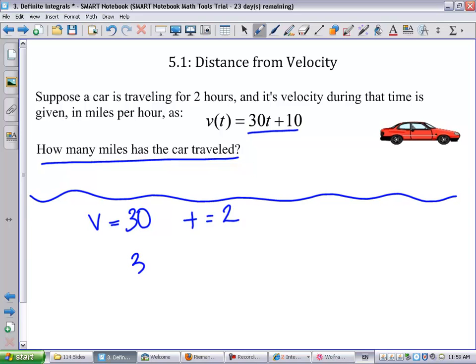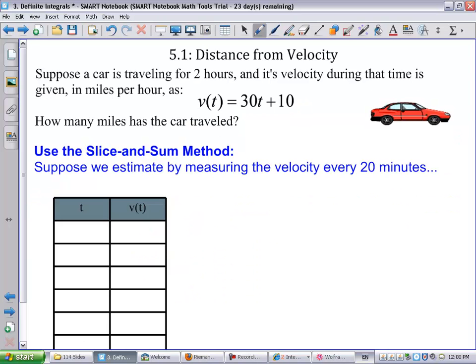Well, it'd just be 30 times 2. You're going 30 miles an hour for 2 hours, so you'd have gone 60 miles, right? You just multiply the velocity and the time. Okay, but this one is a little bit different because the velocity is changing.